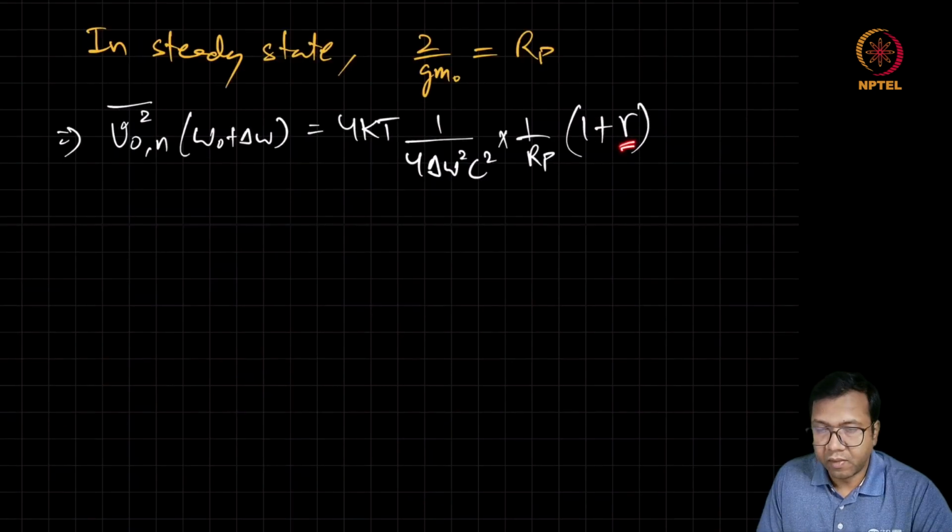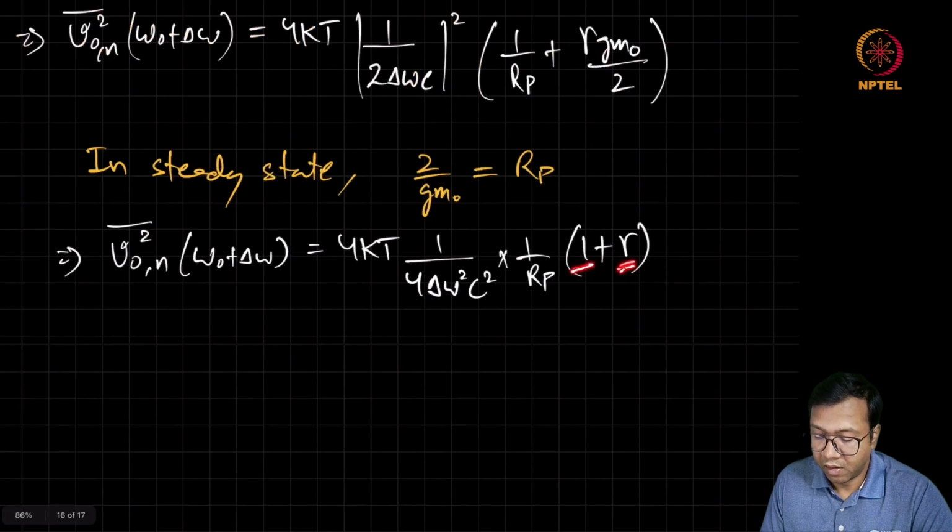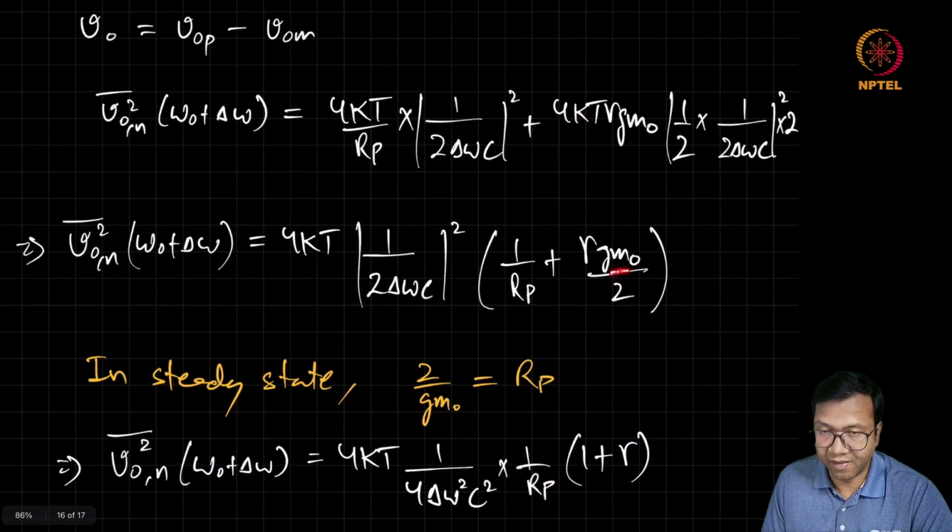And if gamma is almost 1, then we can say that the noise contribution due to the RP is equal to the noise contribution due to this transconductor. And this is mainly true when we are at far off offset, where only the thermal noise is being considered. We are ignoring the effect of flicker noise.